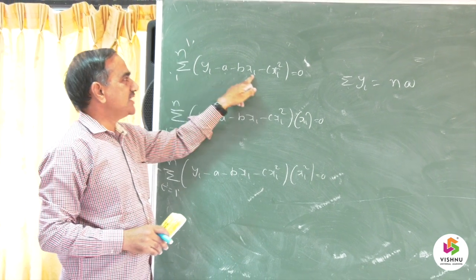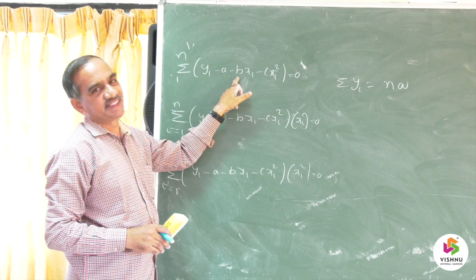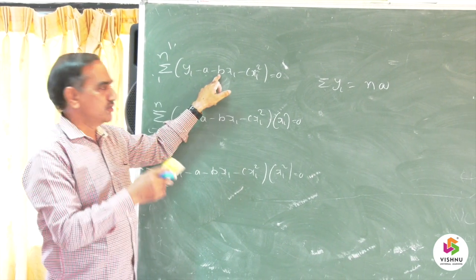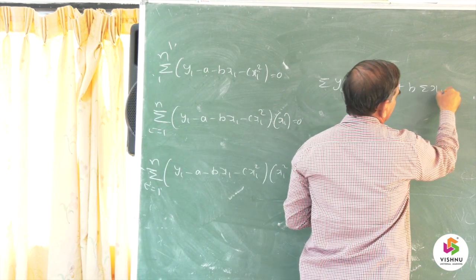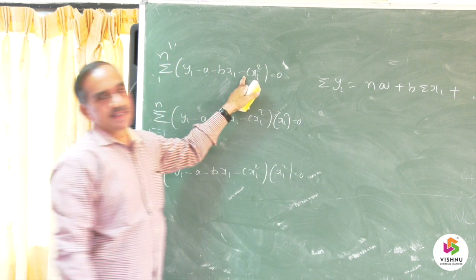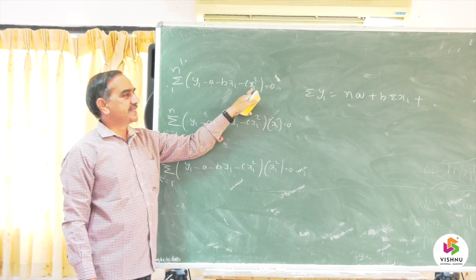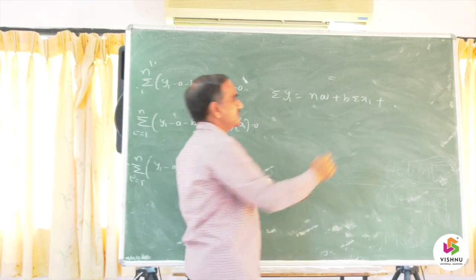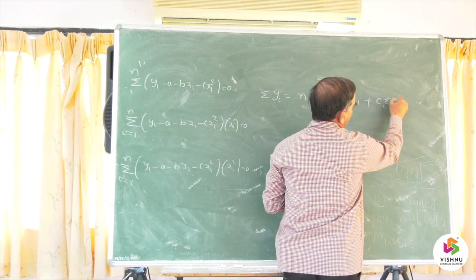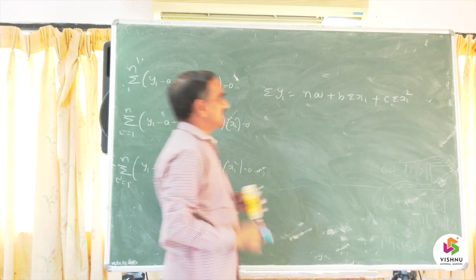So sigma applies to the variable only, but not to the constant. So the constant can be taken outside. So plus b into sigma xi, plus here c stands for constant, xi square is variable. So apply sigma to xi square, c sigma xi square is equal to 0. So it is the first equation.